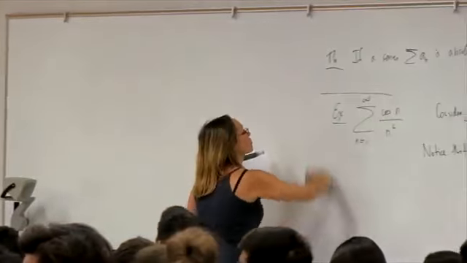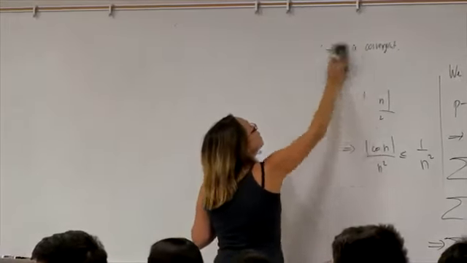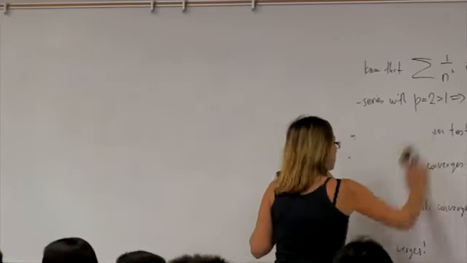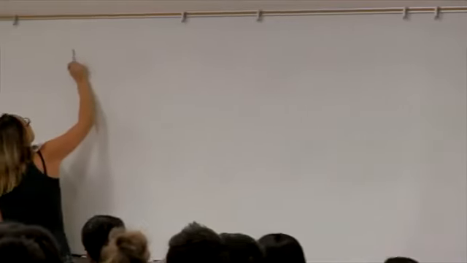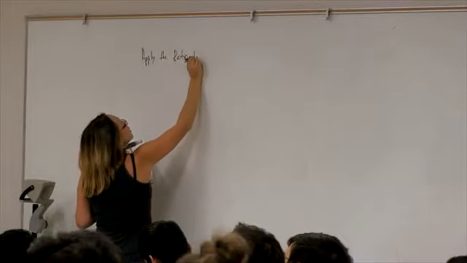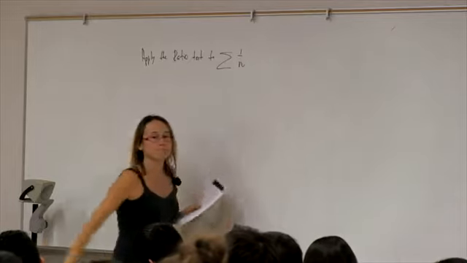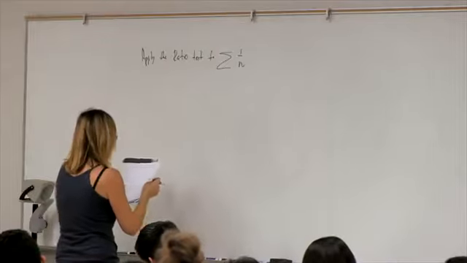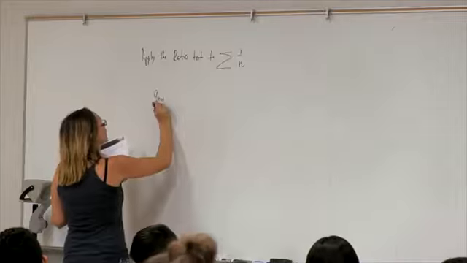So I want to show you when the test fails. Let's apply the ratio test to 1 over n. Let's see what happens in this case. So we need a_{n+1} over a_n.